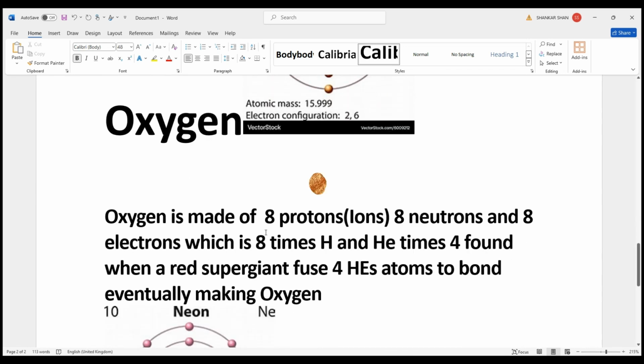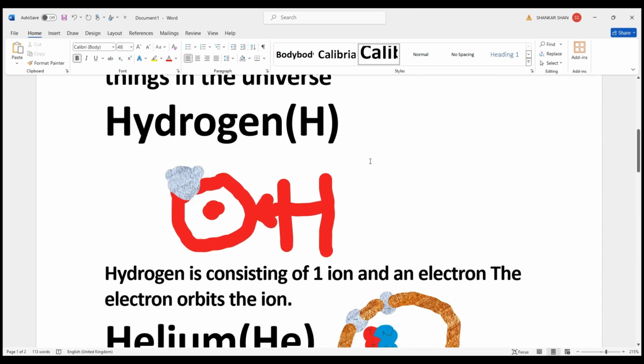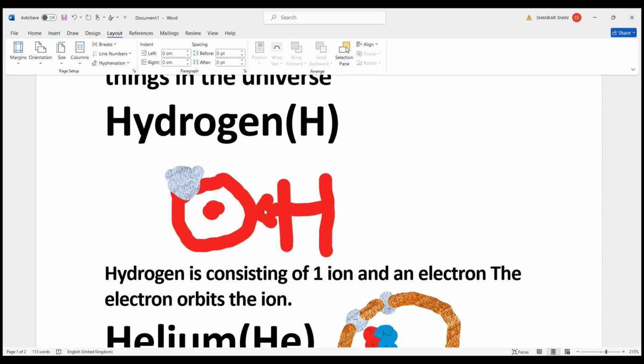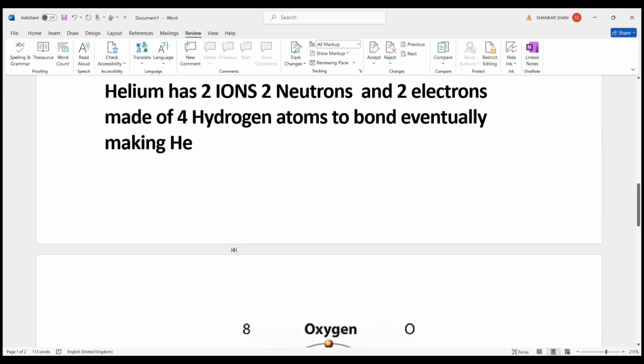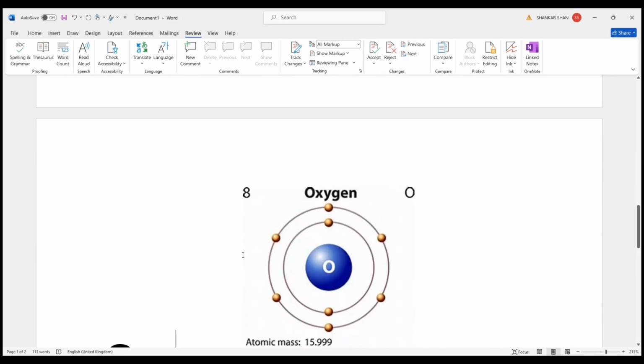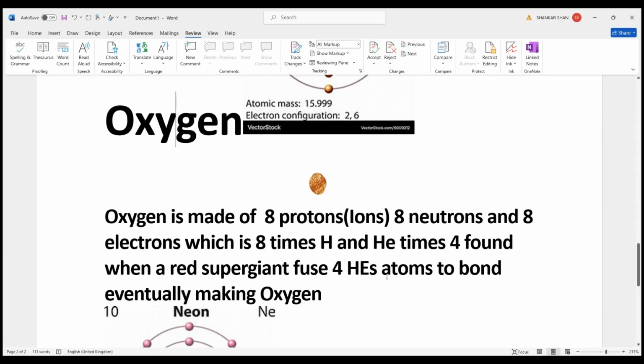Oxygen is made of 8 protons, which is an ion, another word for it, 8 neutrons and 8 electrons, which is 8 times hydrogen, because hydrogen's atomic number is 1. 1 times 8 equals 8. And for helium, 2 times 4 equals 8, so it makes from 2 helium atoms. Oh my god, that's 8 hydrogens.